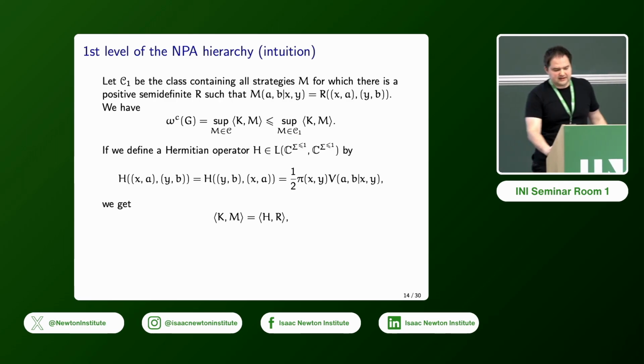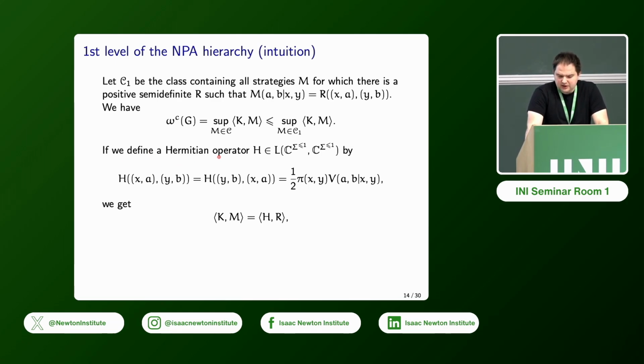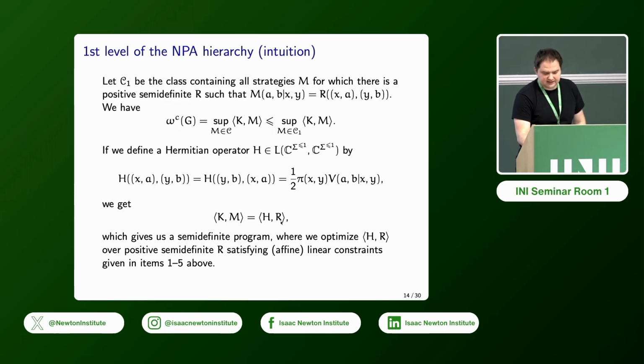Okay, and then one can define a Hermitian operator. This is just by taking the matrix corresponding to the game and encoding it in a Hermitian operator. And then we can even get that this direct product of K with M, which we had before, can be represented by this, which is already giving us a semi-definite program.